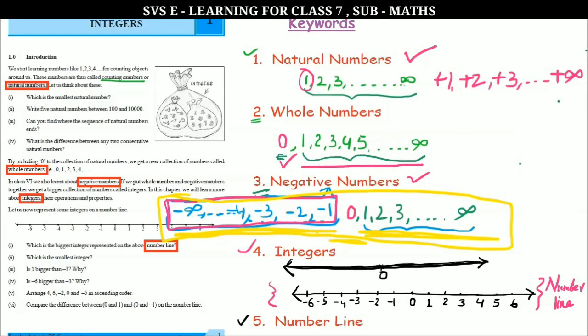Mark 0 first, then to the right of 0, mark 1, 2, 3, until 5. And then to the left of 0, there is -1, -2, -3, -4, and -5. The way we denote this particular line is known as a number line.